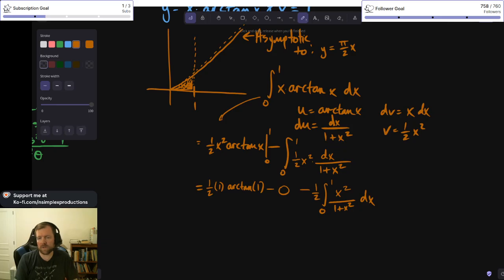Then we could say, you know what, let's do a simple substitution in this case where 1 plus x squared is just u. And so therefore x squared is going to be u minus 1. Fine.